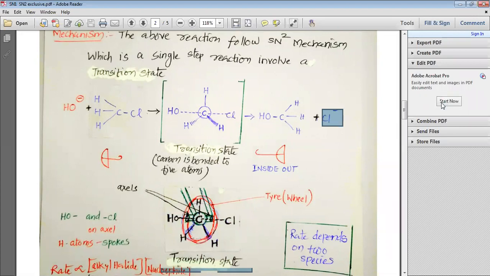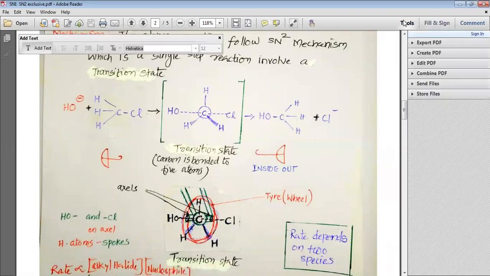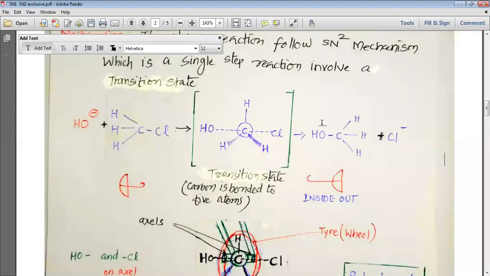So as this Cl leaves as Cl minus, it takes this bond, and thus these hydrogens, my dear students, generally look like they are moving towards the opposite side, because now OH minus has made the bond.